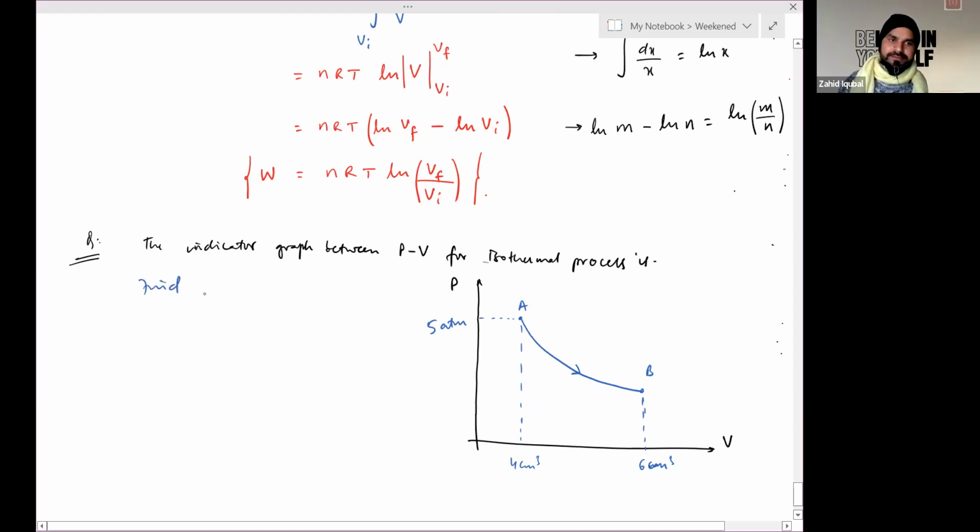Find first the pressure at point B, and second the work done during the process from A to B.